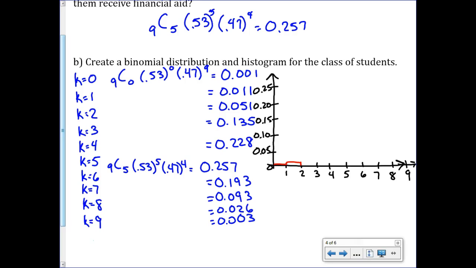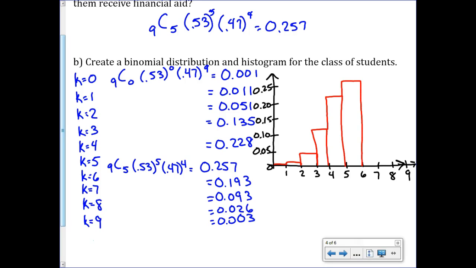Then 0.051 is at 2. Then 0.135, 0.228, and 0.257, just above that 0.25 mark.